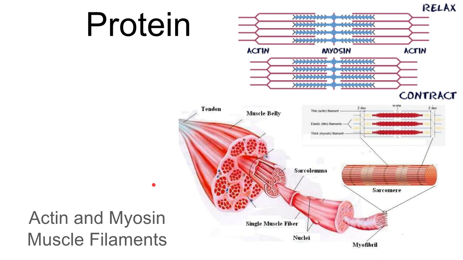All right, so another form of protein are actin and myosin muscle filaments. Now, actin and myosin protein filaments exist in many types of cells, and they do play a role in cell division when we split an animal cell in half and we do cytokinesis and split it.